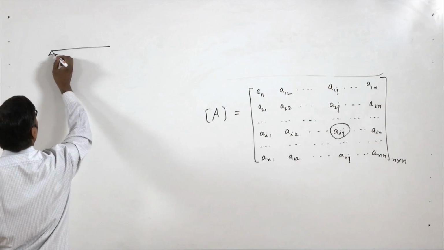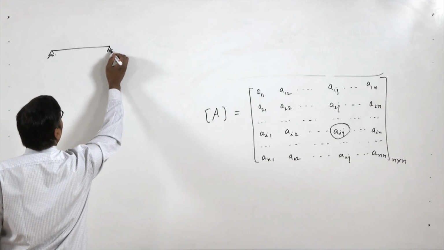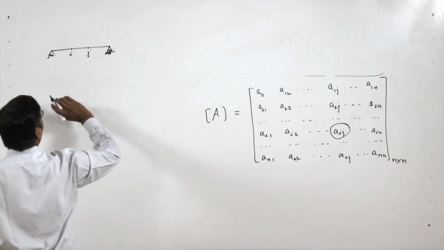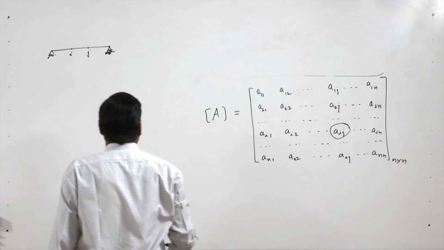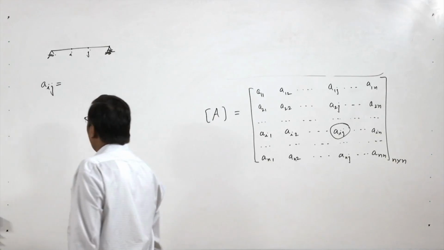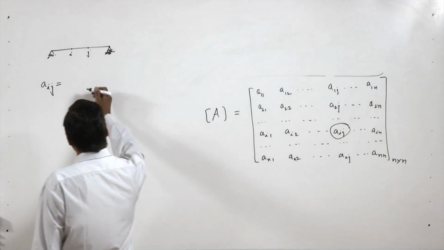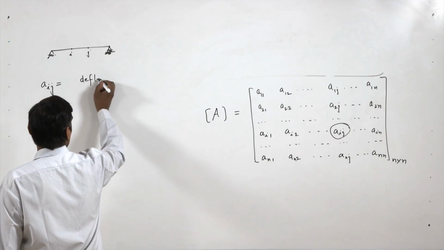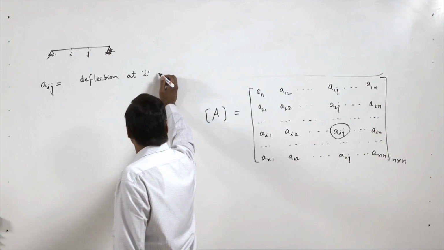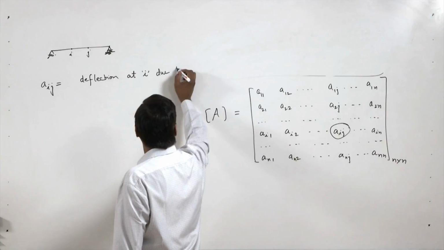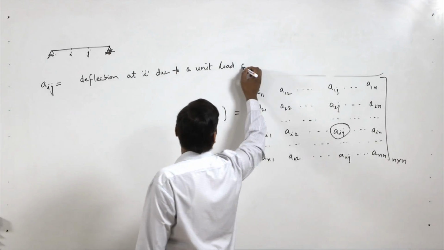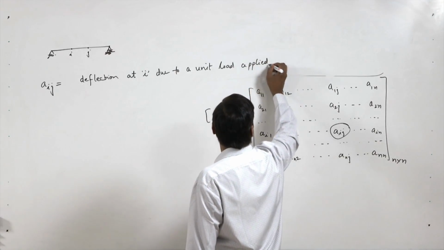Suppose we have some member here, and here are 2 points, that is I and J. So A ij is defined as the value of deflection at I due to a unit load applied at J.